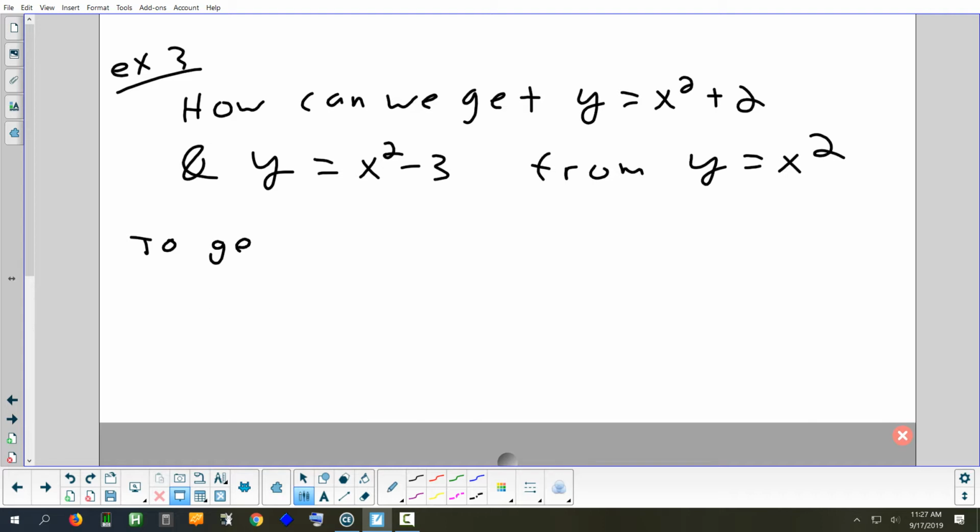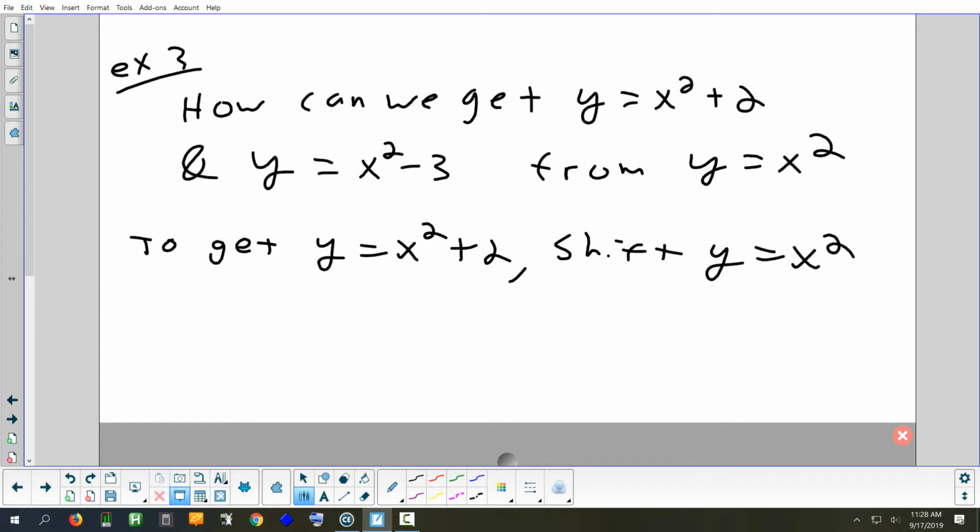So to get y equals x squared plus 2, you would shift y equals x squared up 2 units. That's how you do it. If you were actually going to draw a picture, take y equals x squared, shift it up 2 units.